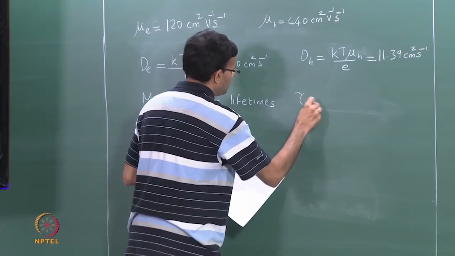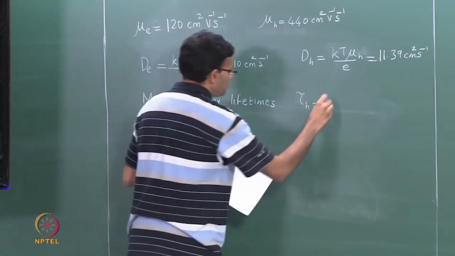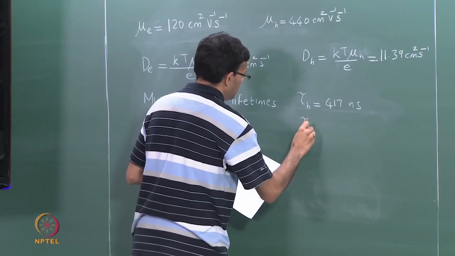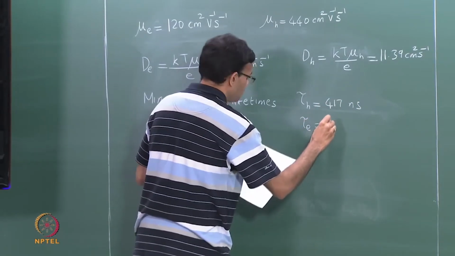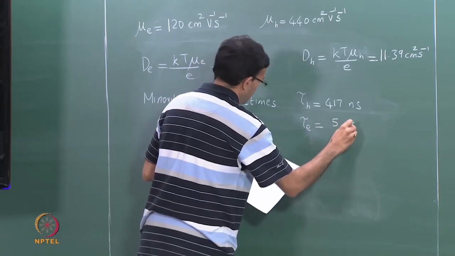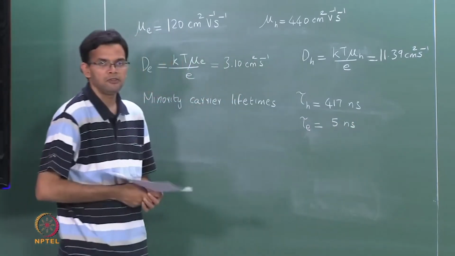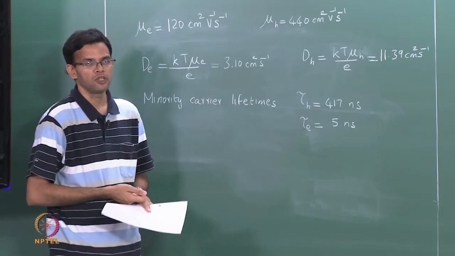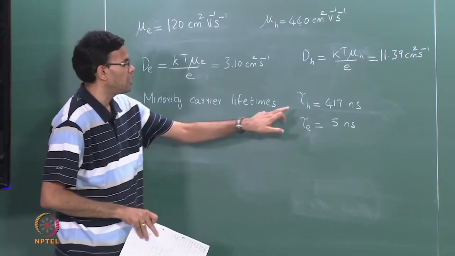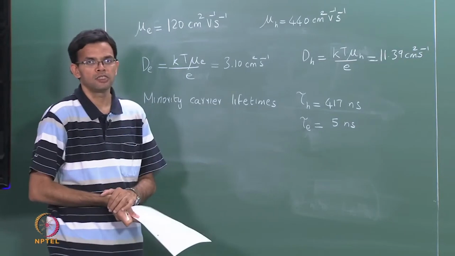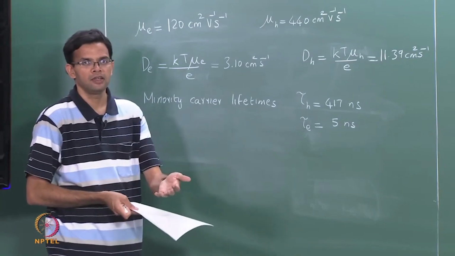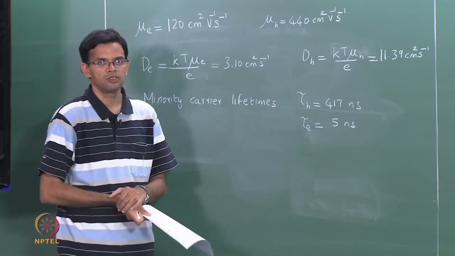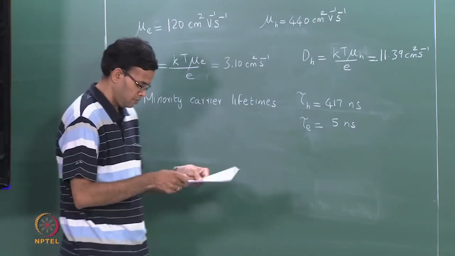Tau h is 417 nanoseconds, tau e to be 5 nanoseconds. So these are again values that are known. Typically these will also depend upon the dopant concentration. So tau h is the lifetime of the holes that are traveling through the n side of the p-n junction. Tau e is for the electrons that are traveling through the p side.